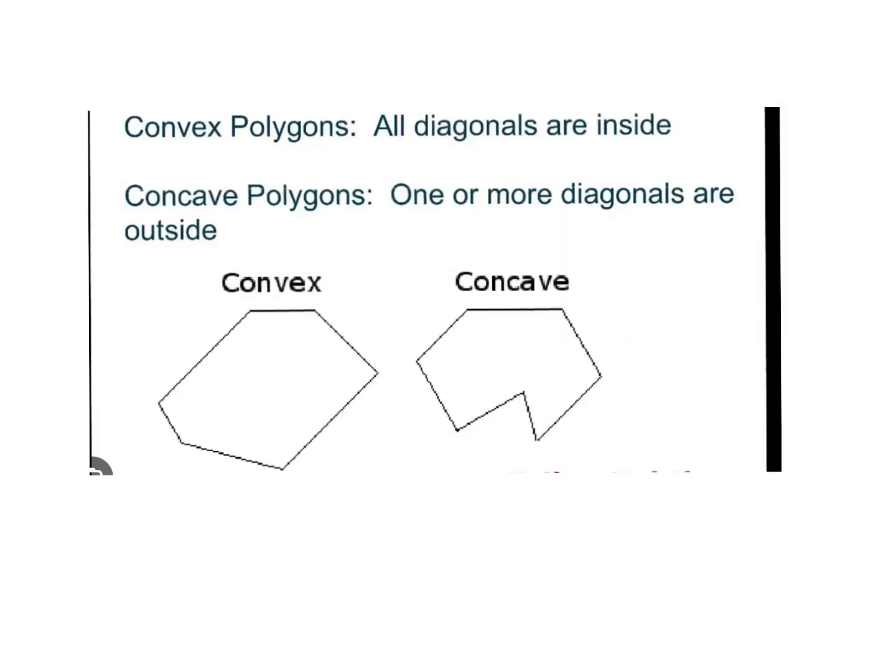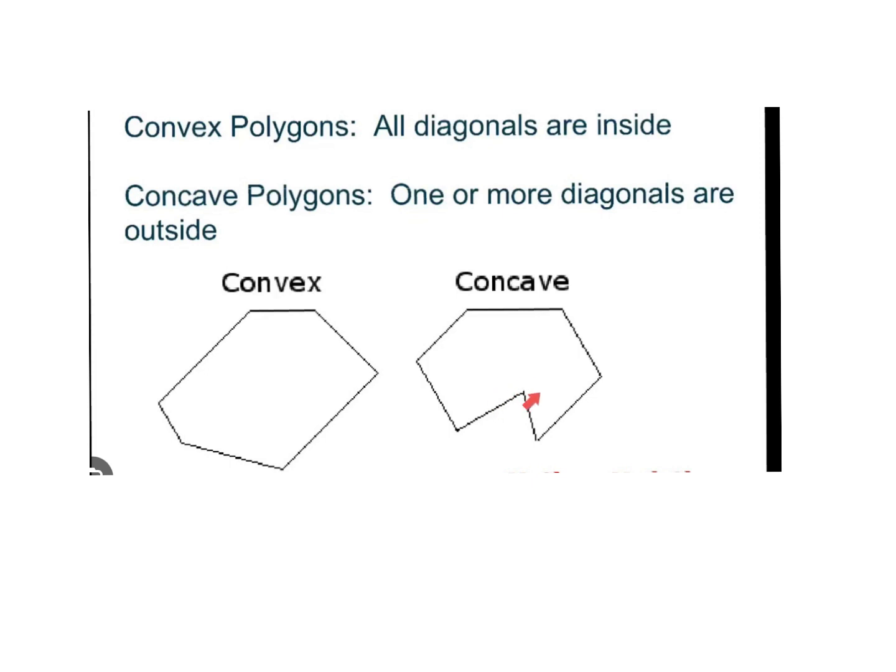All right, and then finally, a little bit more terminology at the last. We have convex polygons and concave polygons. The convex is where all of the angles are pointed out. The concave is where one of your angles is pointed inside.